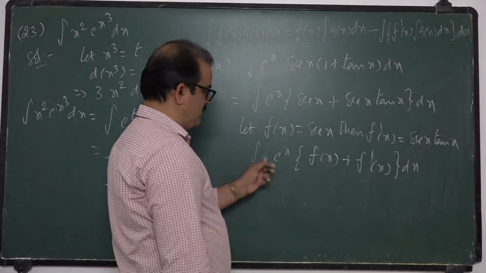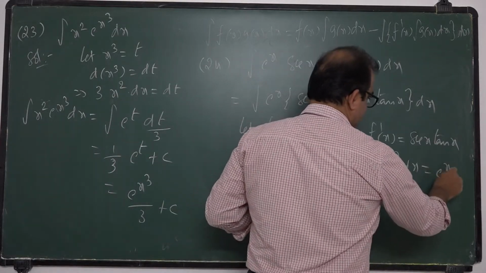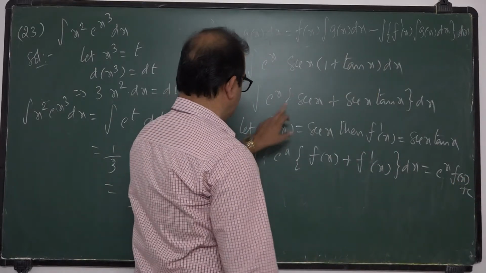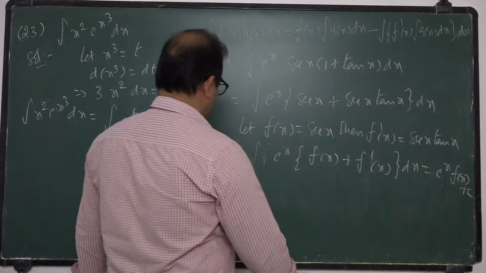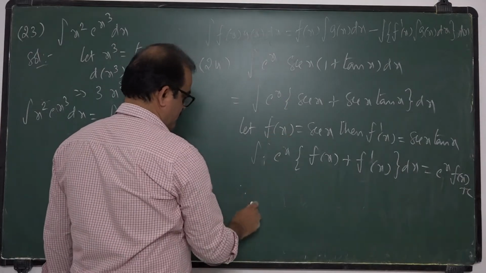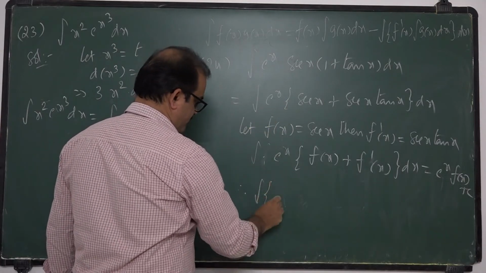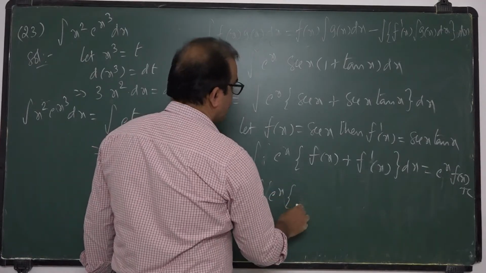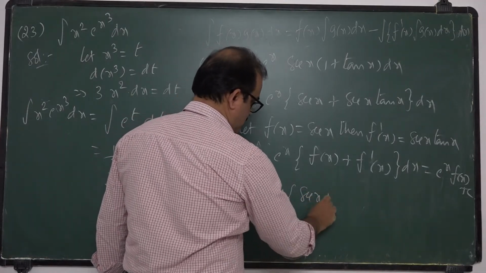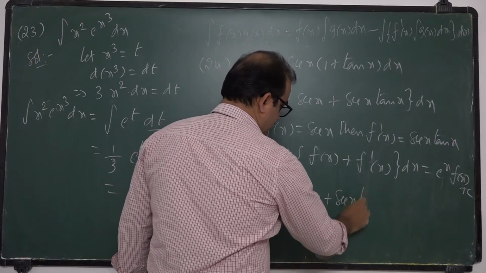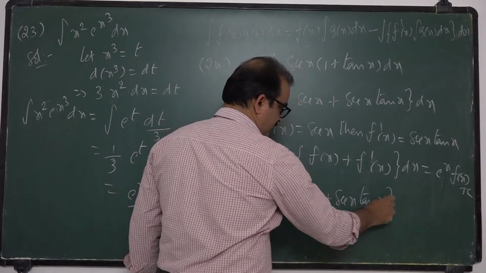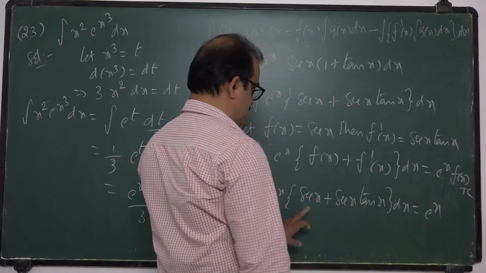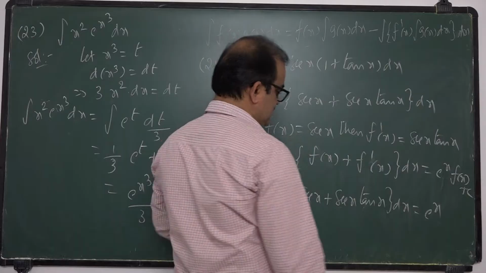What is the formula of this? This is e power x into f of x plus c. Now the given problem is in this form. Therefore, integral of e power x into secant x plus secant x into tan x into dx is equal to e power x into, what is f of x here?